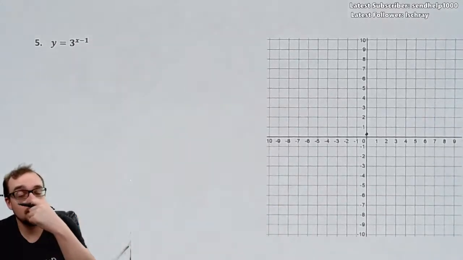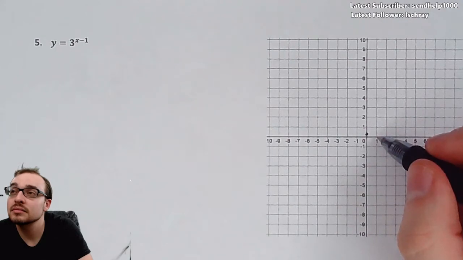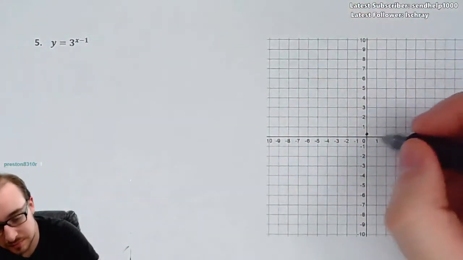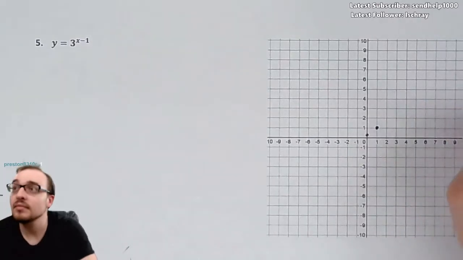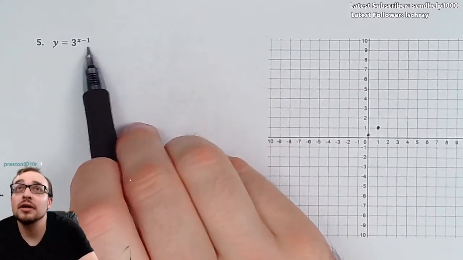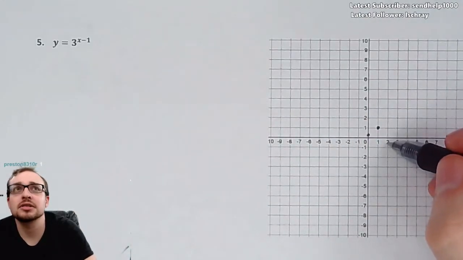What's 3 to the 0th? Yep. So when I plug in 1, I end up getting 3 to the 0th, which is 1. When I plug in 2, 2 minus 1 is 1. So I end up getting 3 to the first. What's 3 to the first?